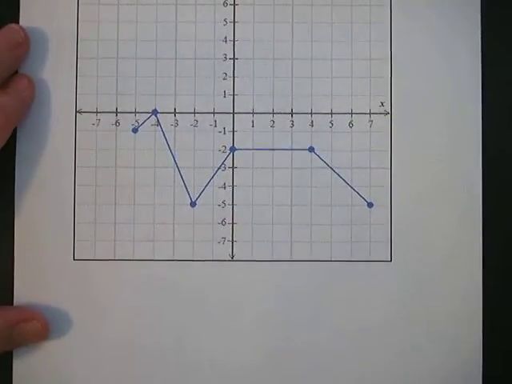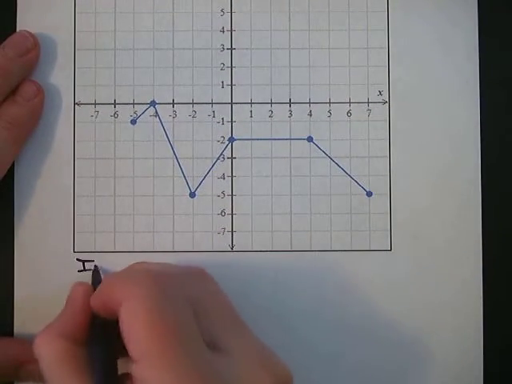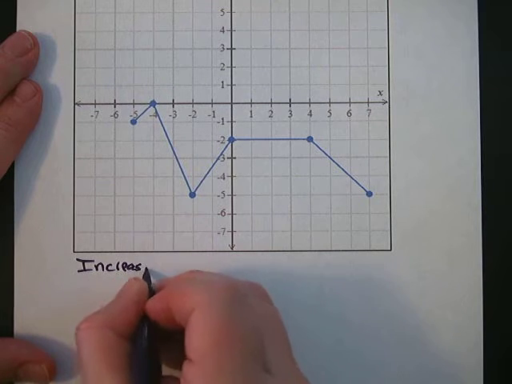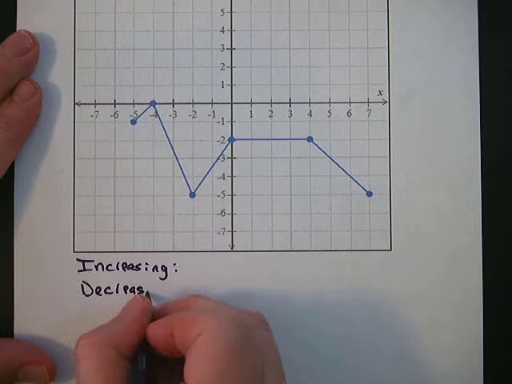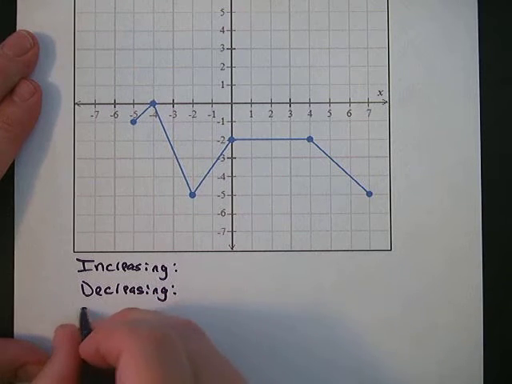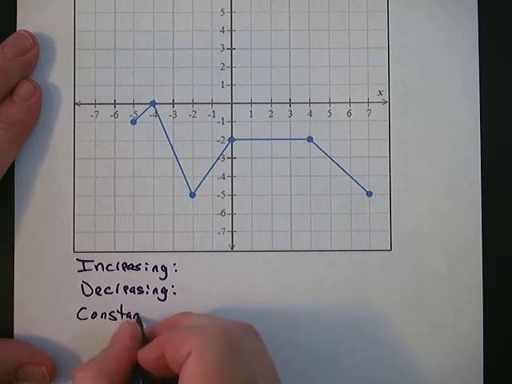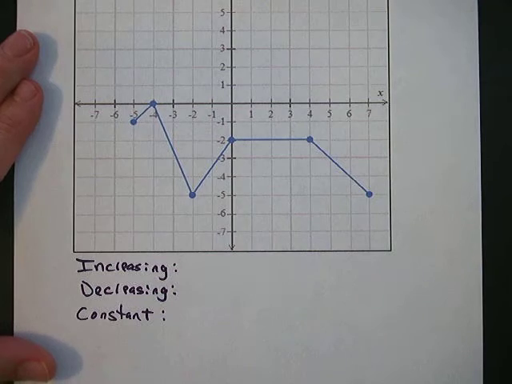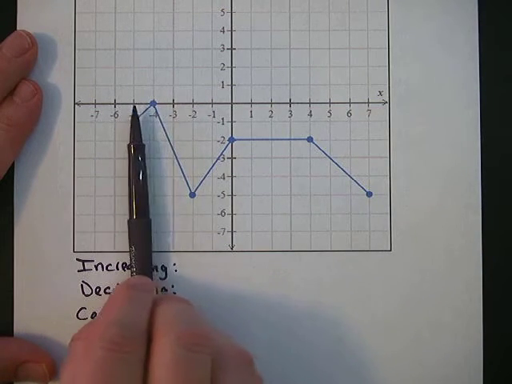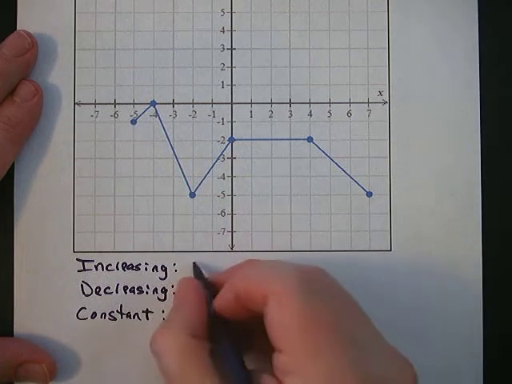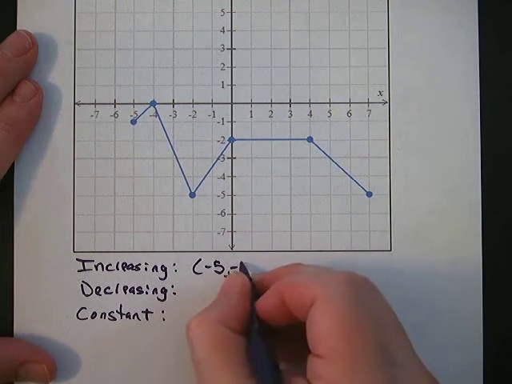Okay, let's do one last one of these: increasing, decreasing, and constant. The increasing first. Looks like right here it's going up as I move left to right. So that's between -5 and -4.